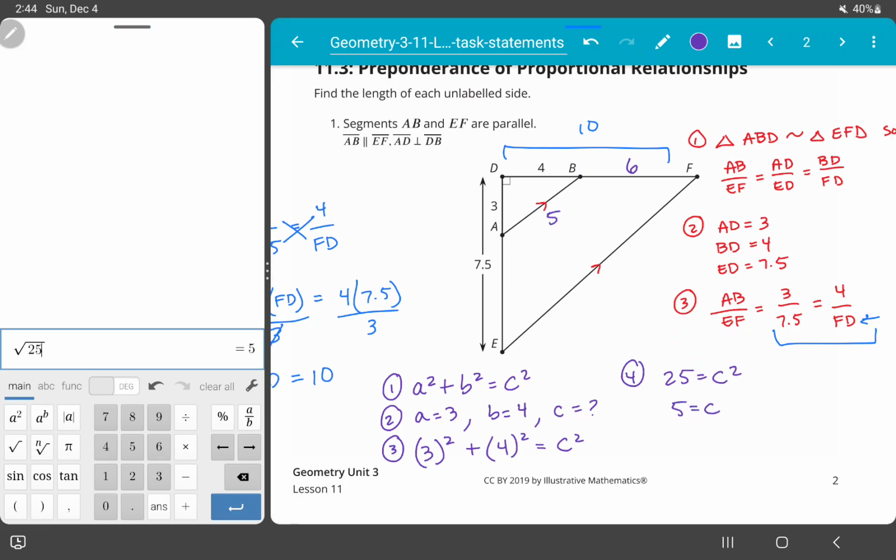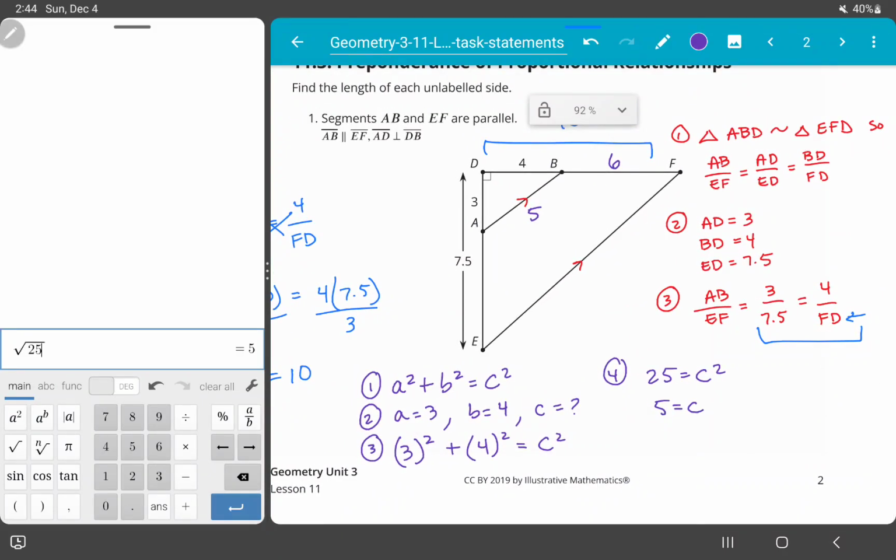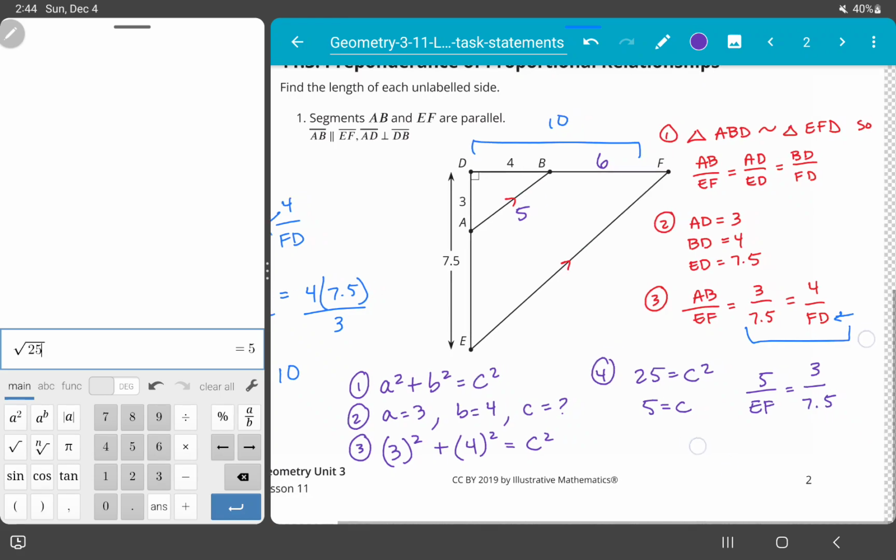So now I know this side length right here is c. So now I can use this information because that's AB. So I can go over here and say, instead of AB, let's put the length of 5. 5 over EF equals 3 over 7.5.